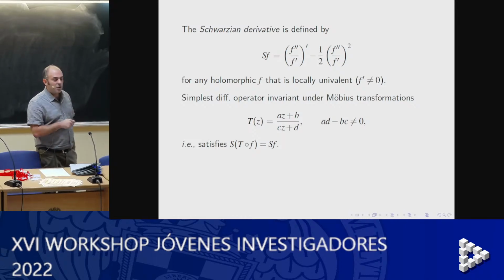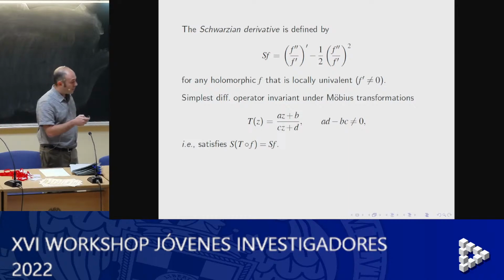You can divide and normalize so that this expression is, say, equal to 1. So the group of Möbius transformations has order 3. So you need 3 derivatives to kill 3 parameters. In other words, a differential operator of order 2 would not do the job, and of order 4 would be asking too much. So 3 is the simplest.